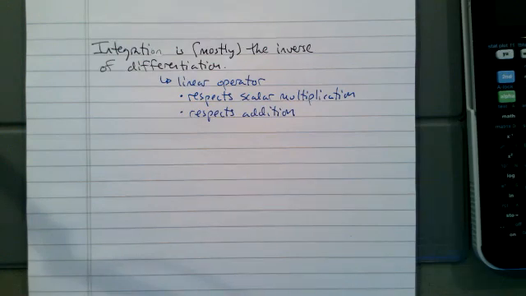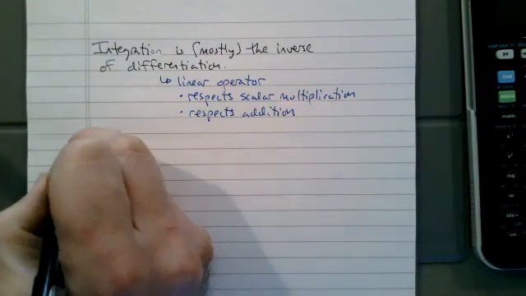This means that integration is also a linear operator. So integration will also respect scalar multiplication and also respect addition. So what do I mean by respecting scalar multiplication and respecting addition? This just means we can go a term at a time and we can just carry on our scalar multiples.